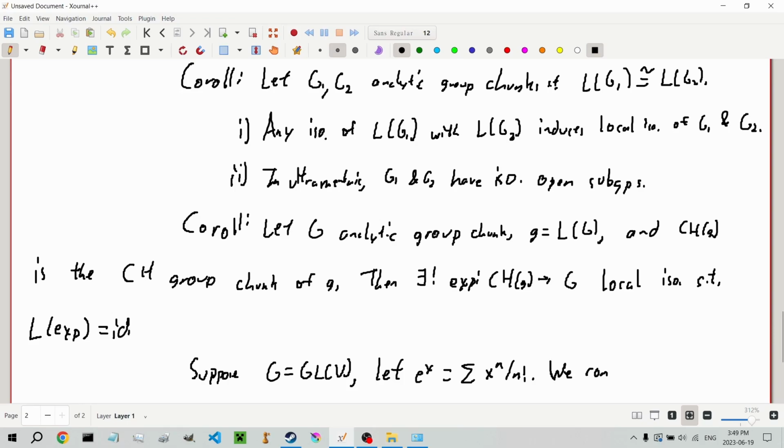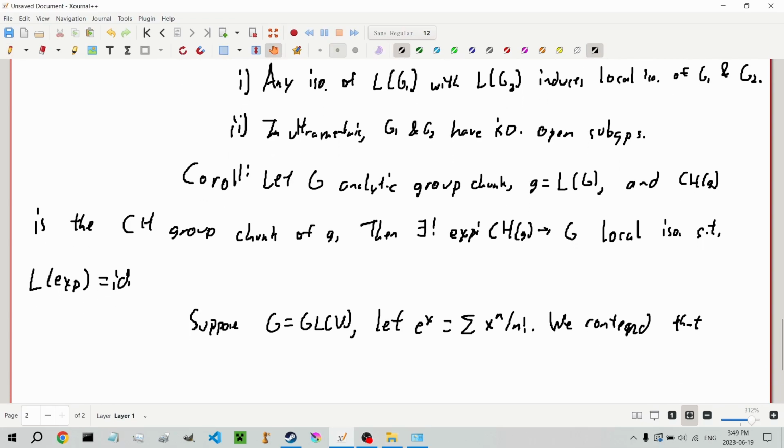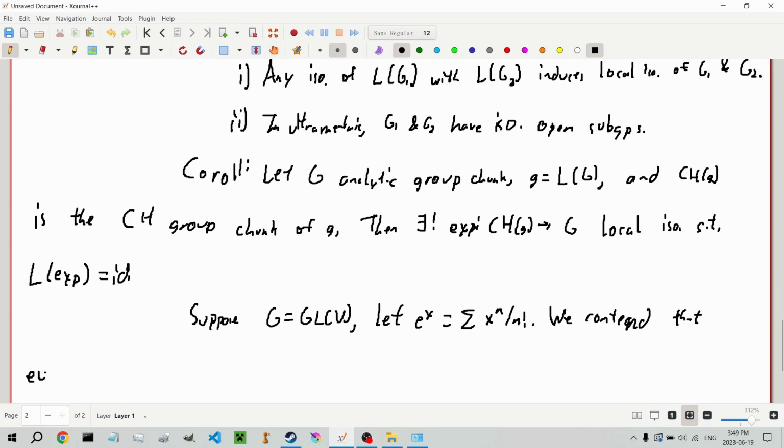We then contend that our exponential function above is just e^x in a neighborhood of 0, in 𝔤 being the endomorphisms of V.